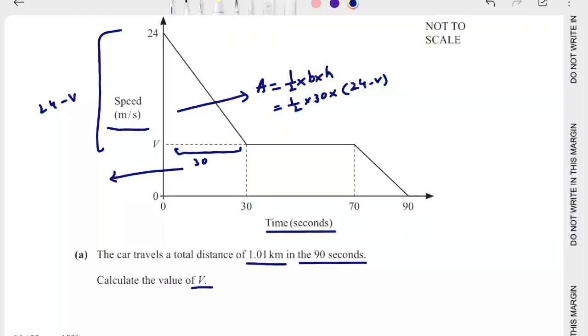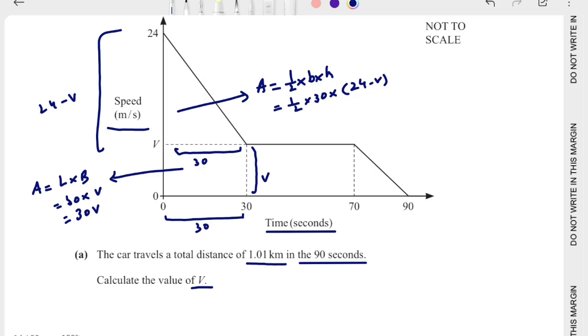This is a rectangle and its area is equal to length into breadth. So length is 30 and breadth is v. So area would be 30v.